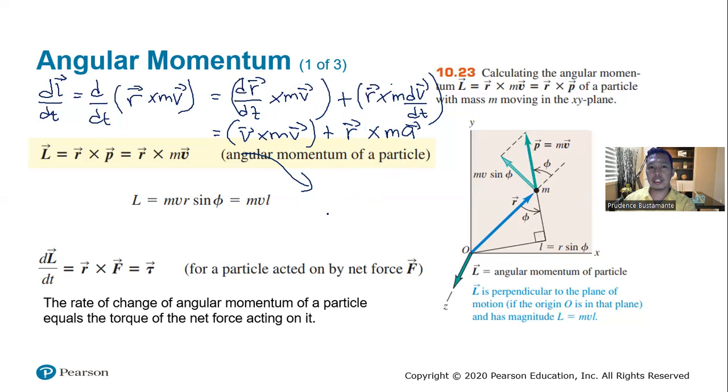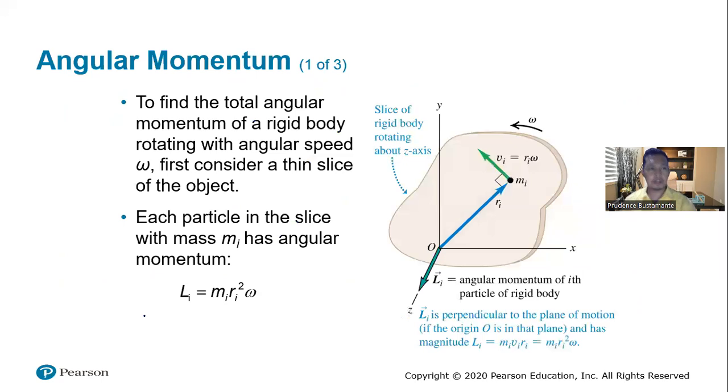So you are left with the rate of change of our angular momentum dL over dt, which is just equal to r cross ma, or r cross F, which is equal to the torque. So the rate of change of the angular momentum of a particle equals the torque of the net force acting on it. That is the relationship of the torque and the angular momentum.